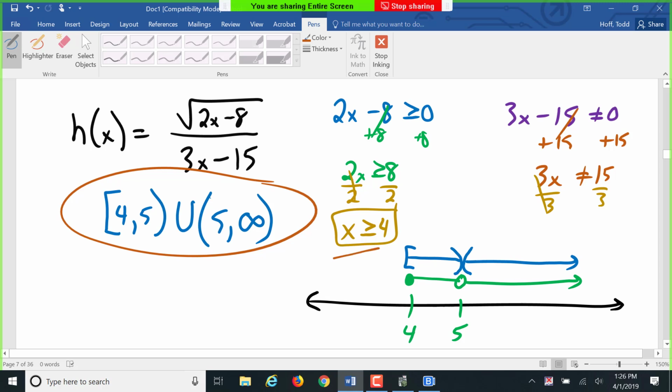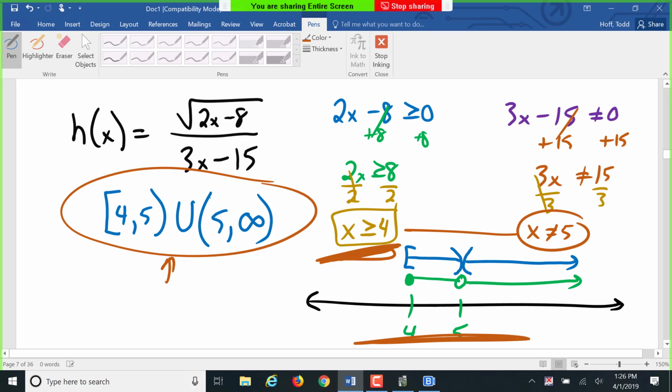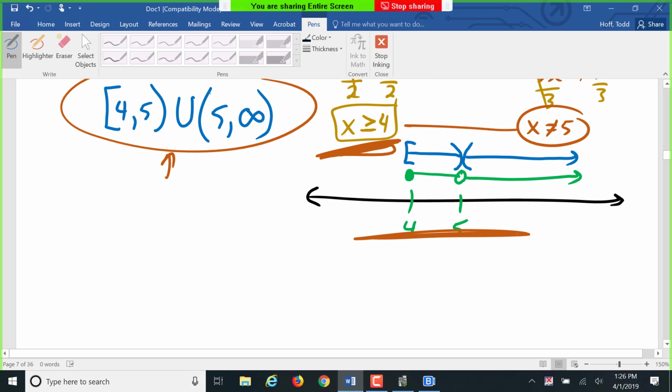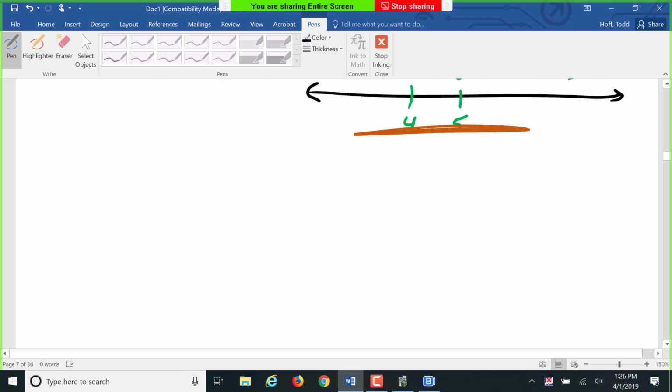Not sure yet? Okay. Getting from this, x has to be greater than or equal to 4 and x cannot equal 5, into the intervals can be a little tricky. That's why I think about the number line of what can and cannot be on the number line, and I use that to create my intervals. Well, let's keep talking about the domains of functions.